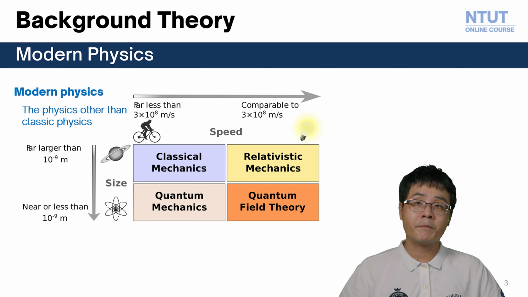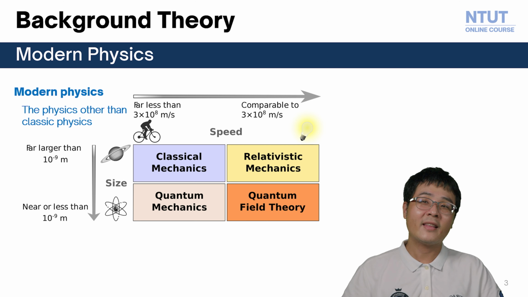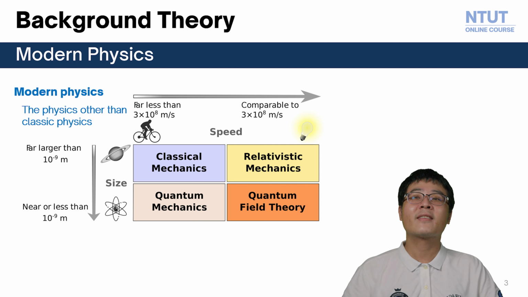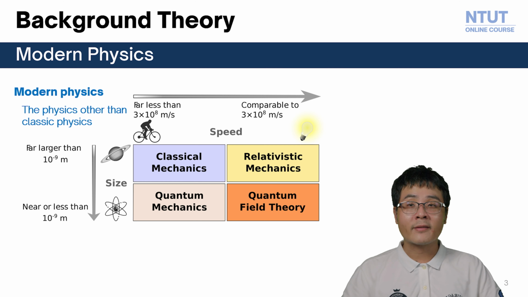So as we know, modern physics is just the physics other than classical physics. So what kind of physics is classical physics? You can see the figure here.